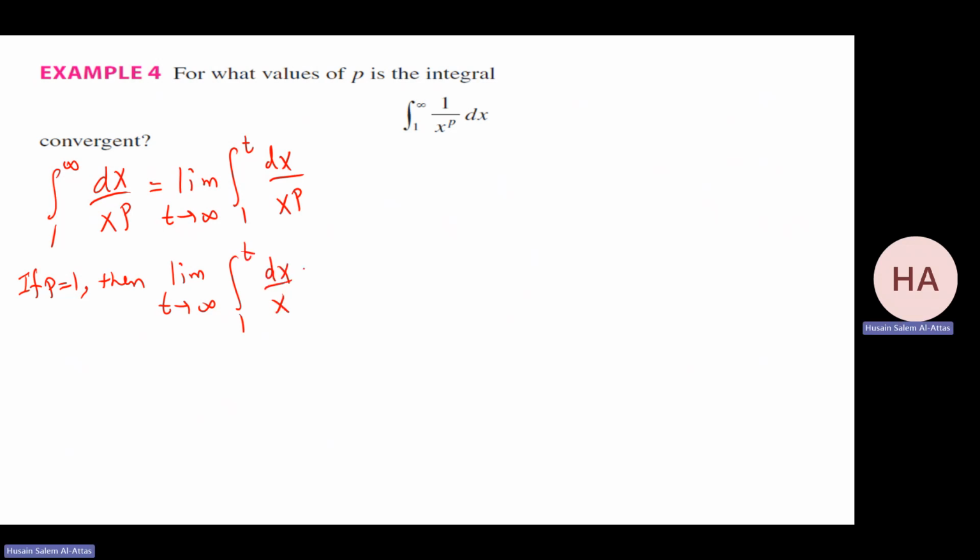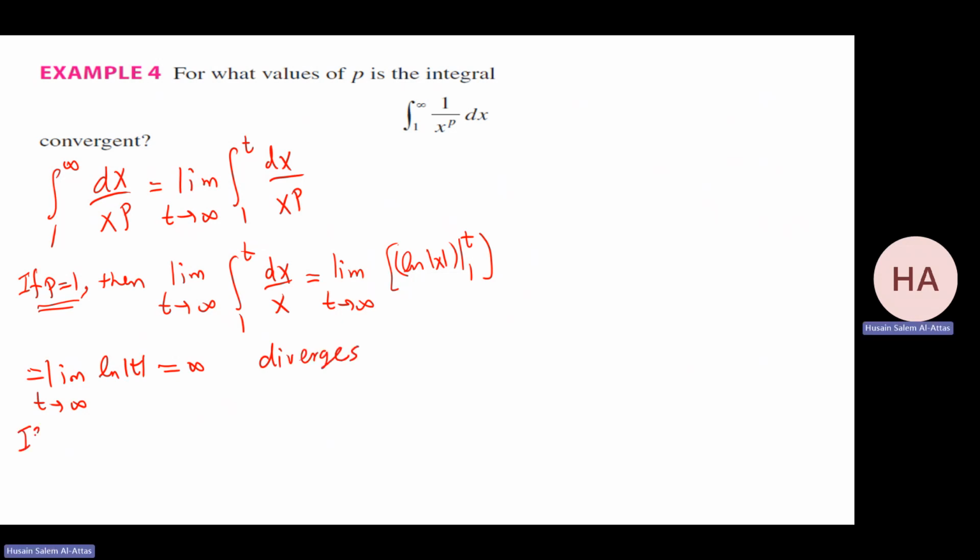And that I know will be the limit as t goes to infinity of ln absolute value of x from 1 to t. I'm doing it in detail: ln absolute value of t minus ln 1, which is 0. And that will be infinity. So if p equals 1, it diverges.